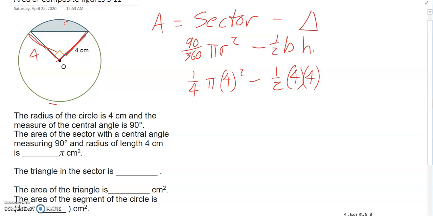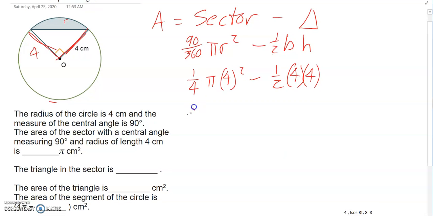Okay, so let's work through this one. Area of the sector with center angle 90, radius of 4 is blank pi, so it looks like we get 1/4 pi 16. 1/4 of 16 is 4 pi, so 4 pi. The triangle in the sector is an isosceles right triangle. That's what we talked about, having 2 congruent sides, so it's isosceles and it's right.